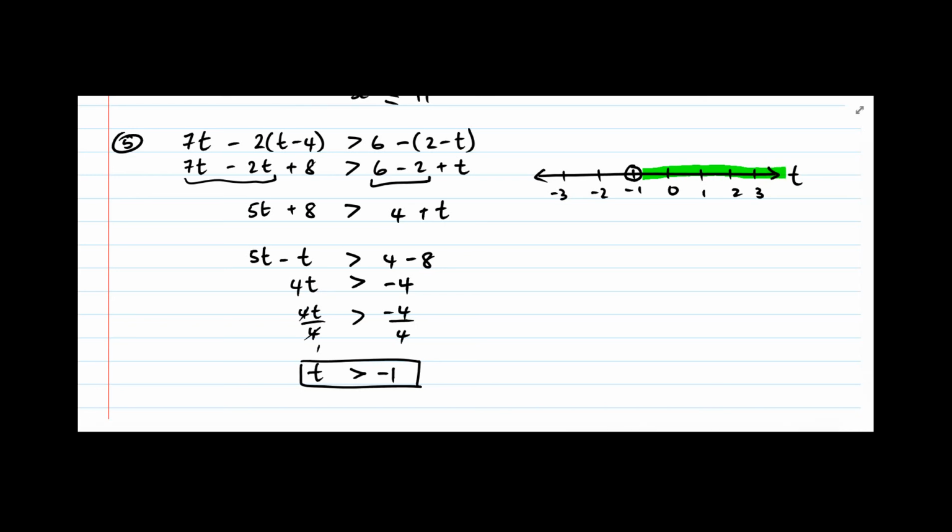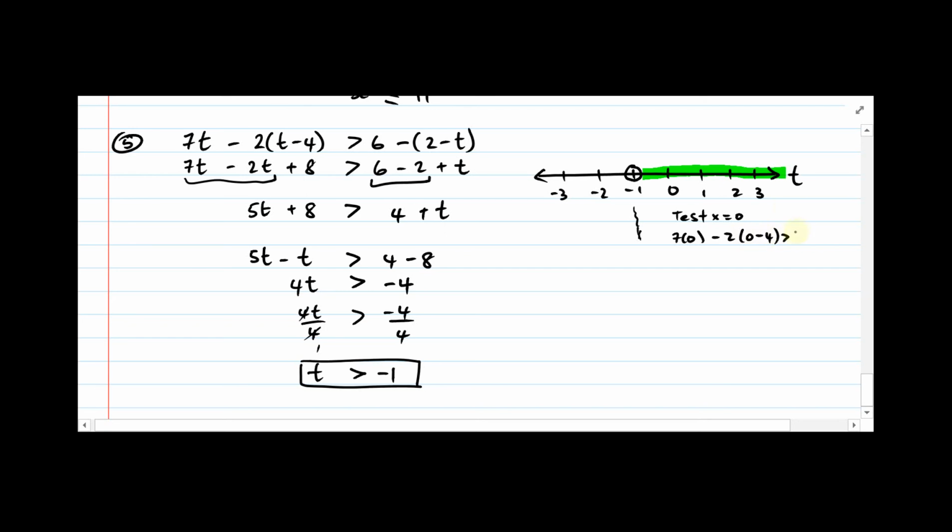Okay, now having done that, at this stage you can do mental checks or a quick check. If you were checking, it probably would be easiest, rather than say -0.99, to take a test value of say x equals 0 and substitute in your original inequality. 7 times 0, minus 2 times 0 minus 4.